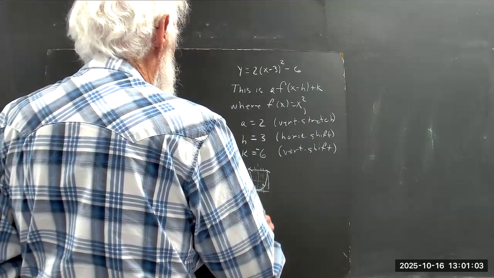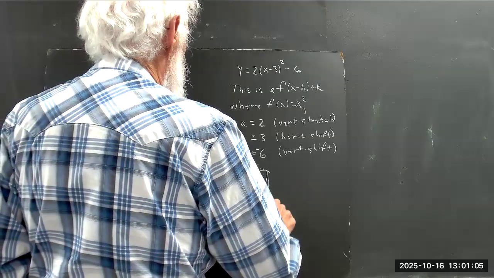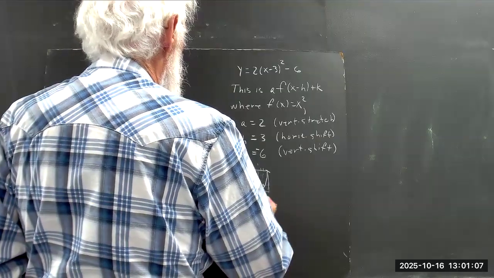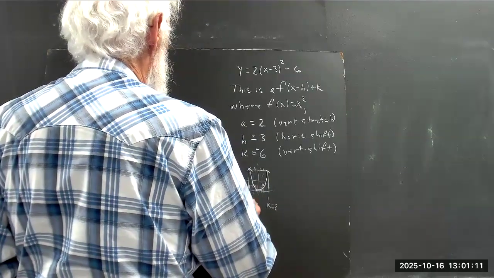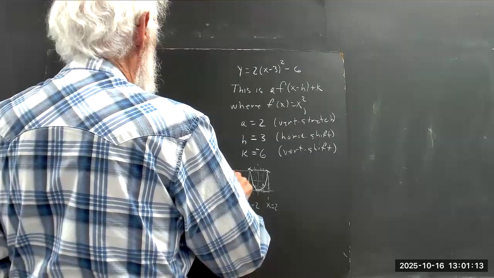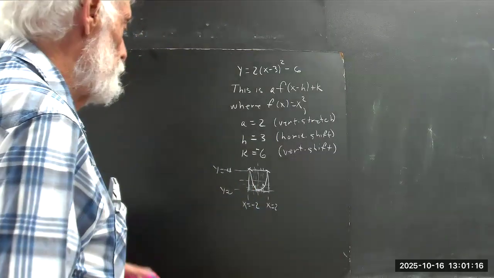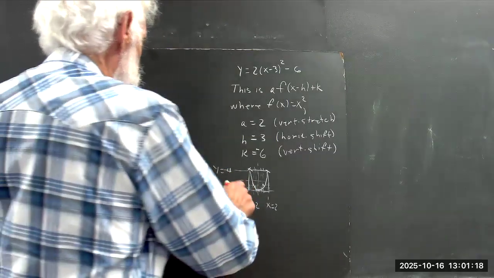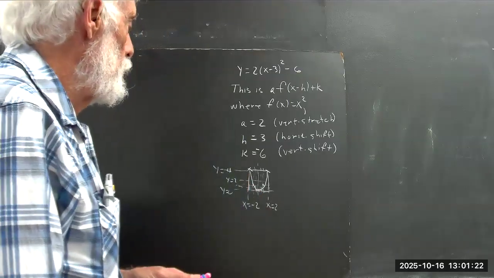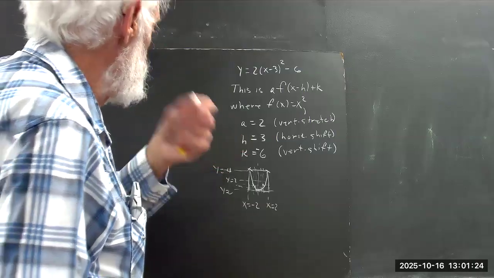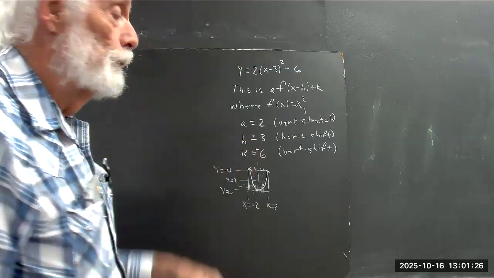There you have it. Labeled, and then you label your construction lines, you know, this is y equals 2, et cetera, et cetera. Okay, you know, A is 2. That's your vertical stretch.